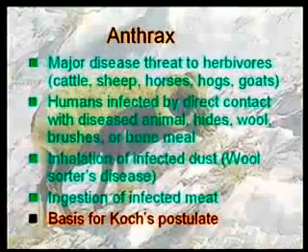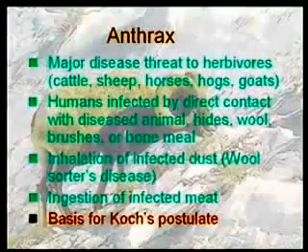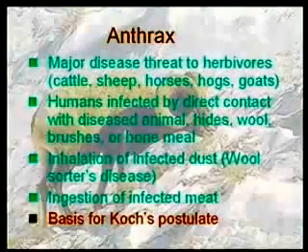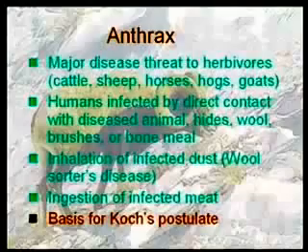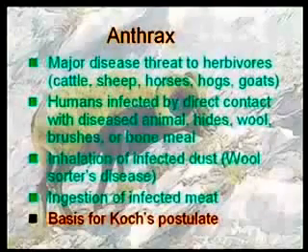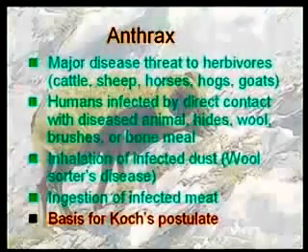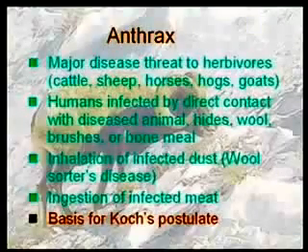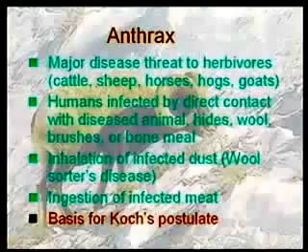An organism isolated from an infection, grown in culture, injected into another animal, because all sorts of animals can be infected with this organism, and then the same organism was isolated from those infected animals.